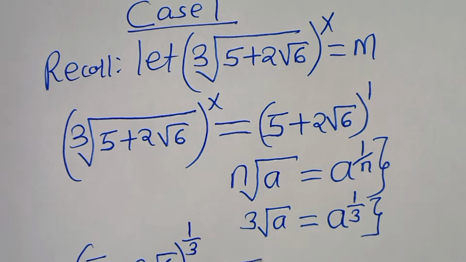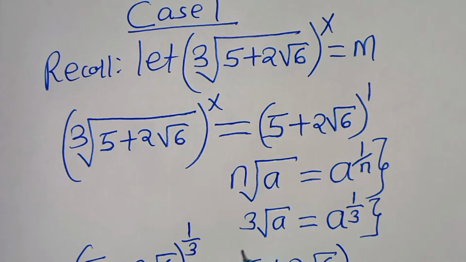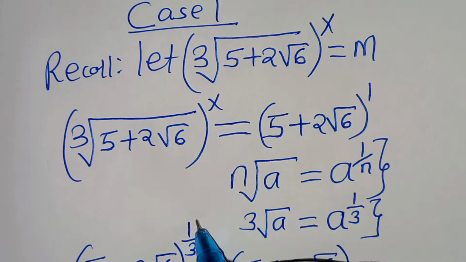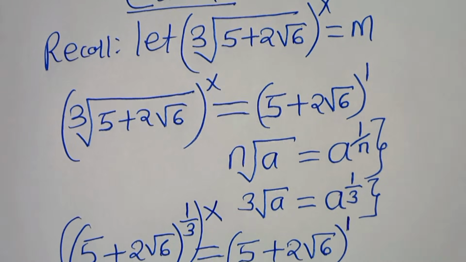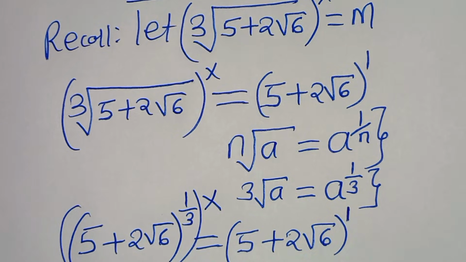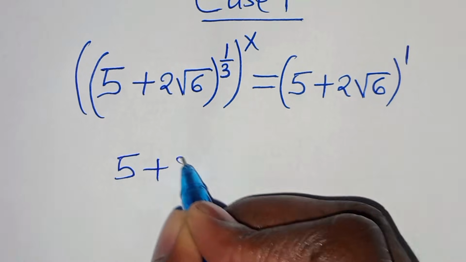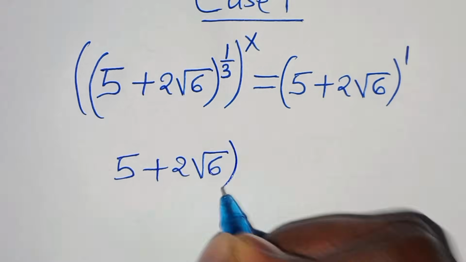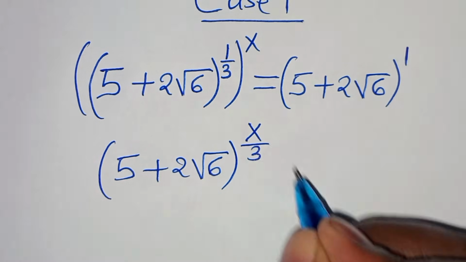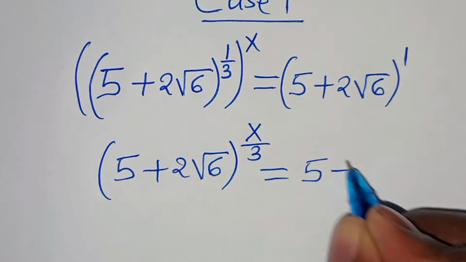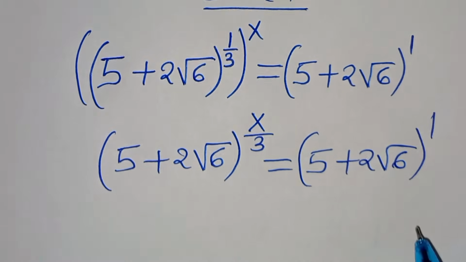This is equal to 5 plus 2 root 6 raised to the power of, remember this is raised to the power of x. This is raised to the power of 1. Now this implies that we have 5 plus 2 root 6 raised to the power of a third times x. This is x over 3. This is equal to 5 plus 2 root 6 raised to the power of 1.